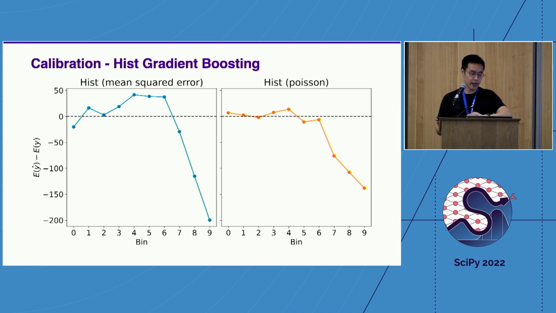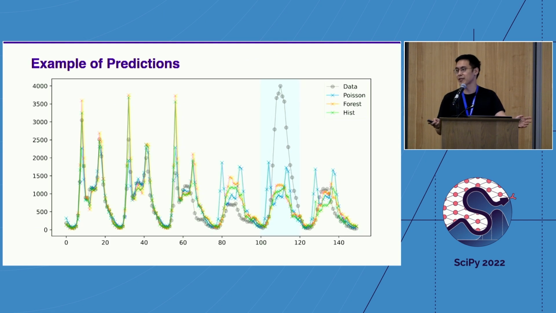Another way to visualize this phenomenon is to plot the predictions. This is a time series. And this behavior happens quite frequently in this data set, where the data, which is in circles and gray in the highlighted section, just peaks, and none of the models, which are the other 3 lines, the Poisson, the forest, and the histogram with Poisson loss, can capture this behavior.